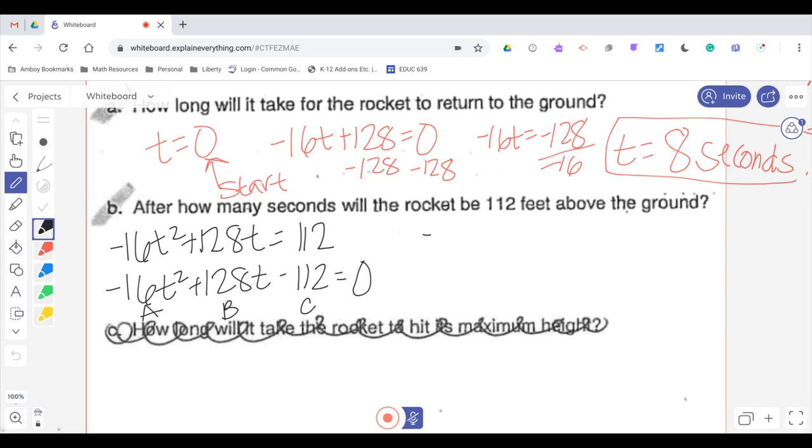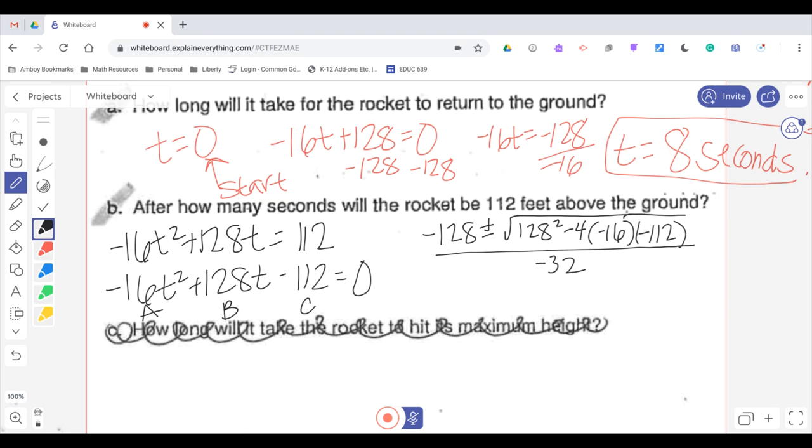So I'm going to have negative 128 plus or minus the square root of 128 squared minus 4 times negative 16 times negative 112 all over 2 times A. So again, negative 32. Again, I'm going to type all of that stuff under the square root in my calculator.